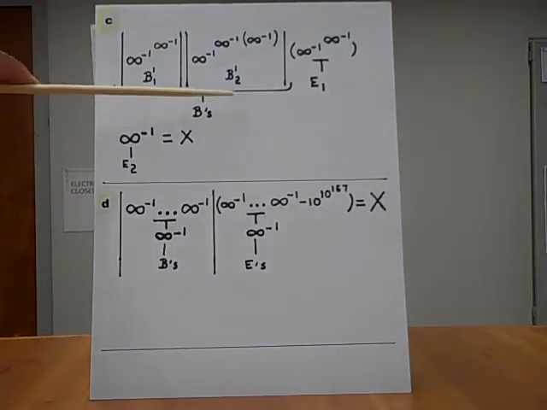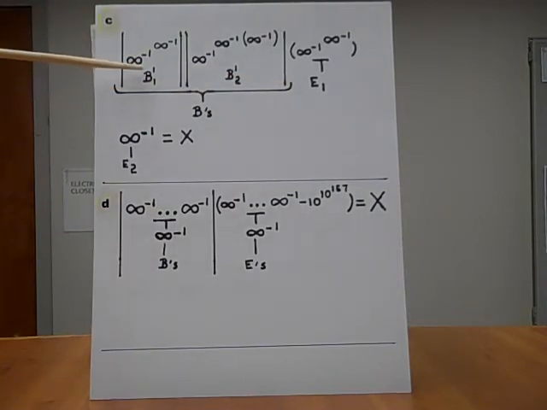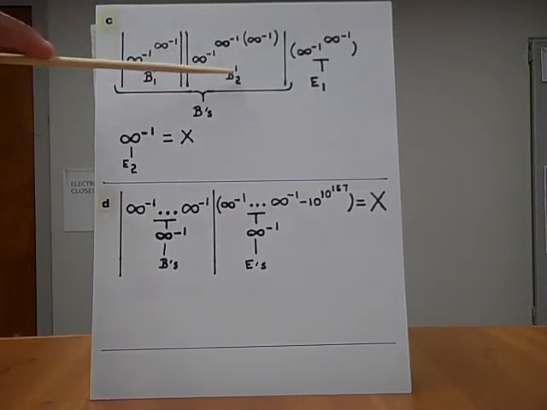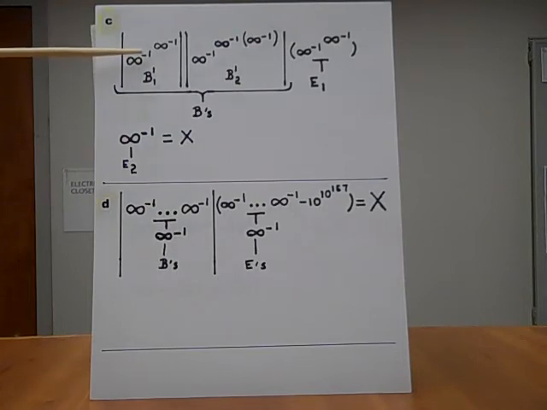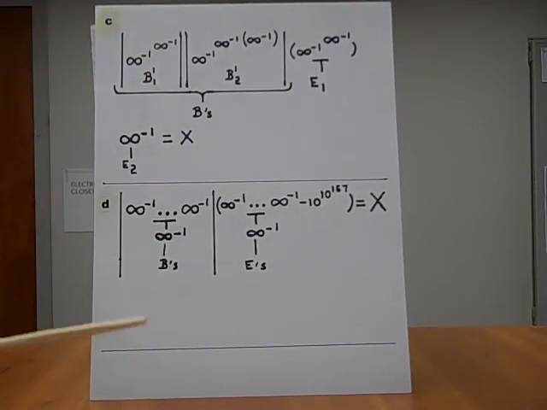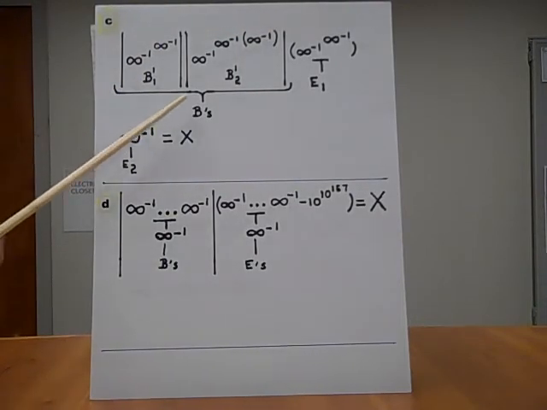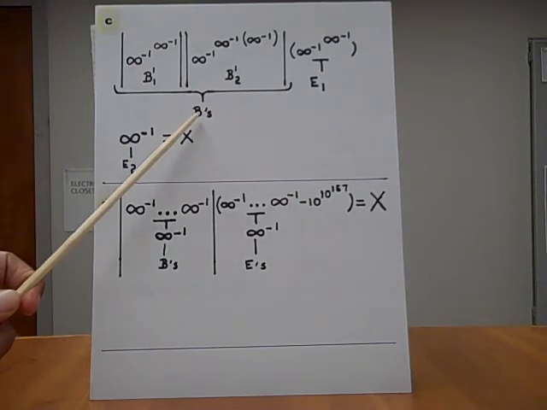This here, as you can see, includes B internal base, 1 and 2, which is infinity minus 1 taken to the infinity minus 1 power. The first is base 1. Base 2 is infinity minus 1 taken to the infinity minus 1 taken to, in parentheses, infinity minus 1 power, which equals the totality of all these bases.